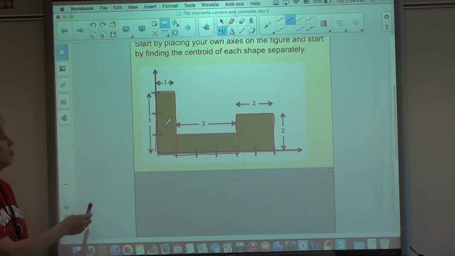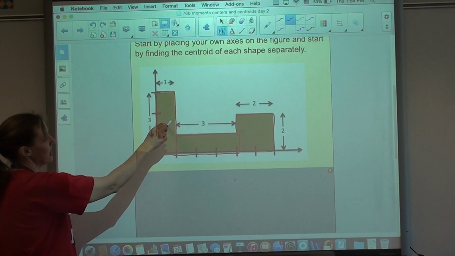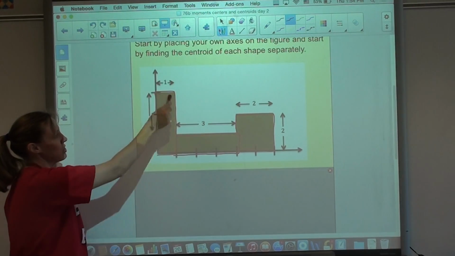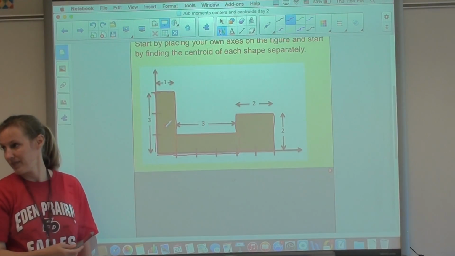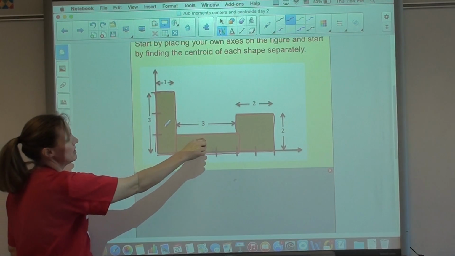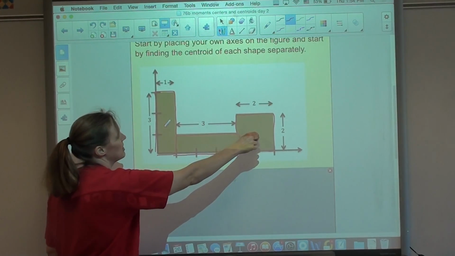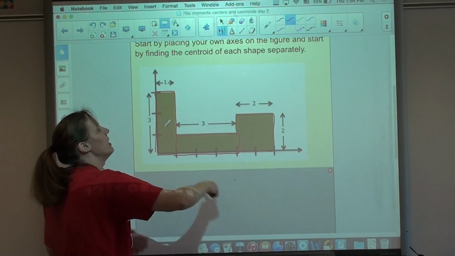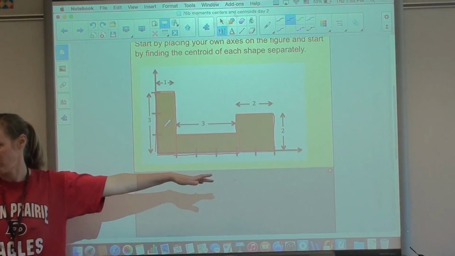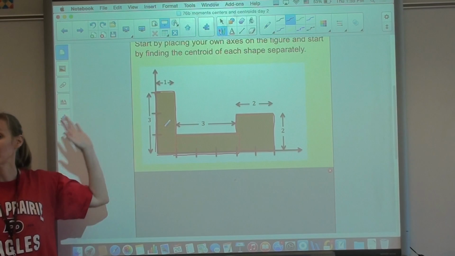So when we're going to do the x value of our center times the mass of its object, for mass, we're just going to use the area of the rectangle, right? So you do the x value times its area plus this x value times this area plus this x value times its area and divide by the total area, and you've just found the x value of the centroid. And then you're going to do the same for the y's.